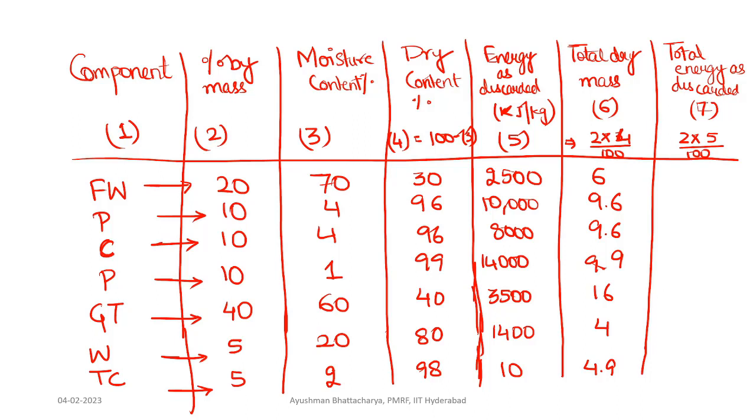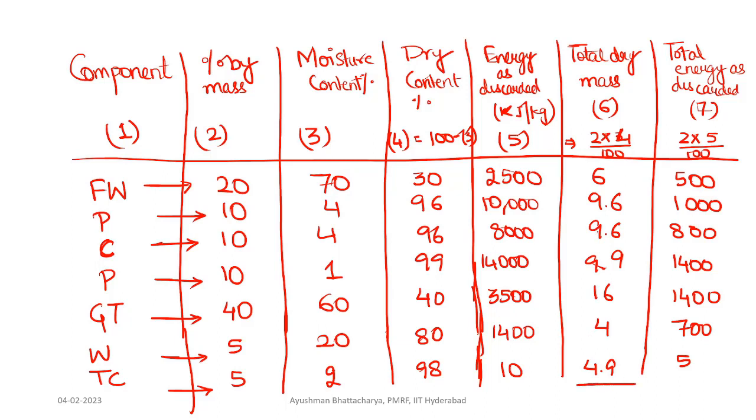So you will get the total energy as discarded. If you multiply 20 into 2500 divided by 100, you get 500. Similarly, the corresponding values will be 1800, 1400, 1400, 700, and 5.